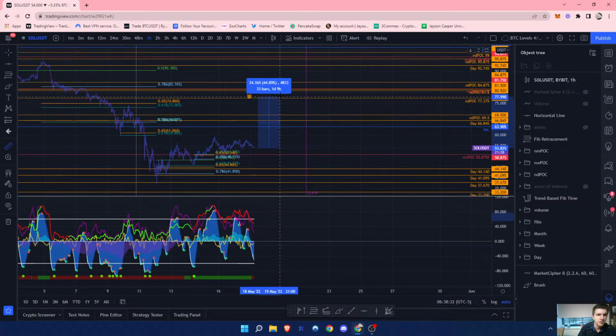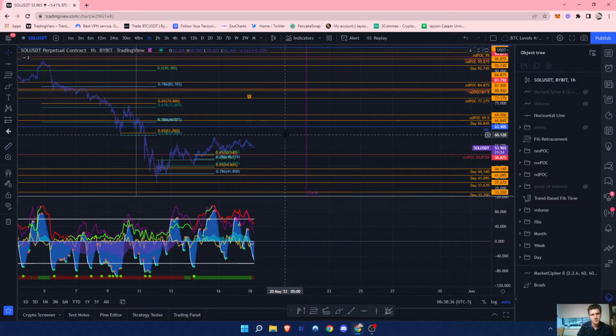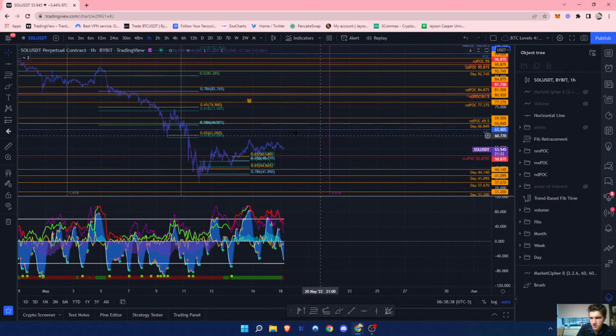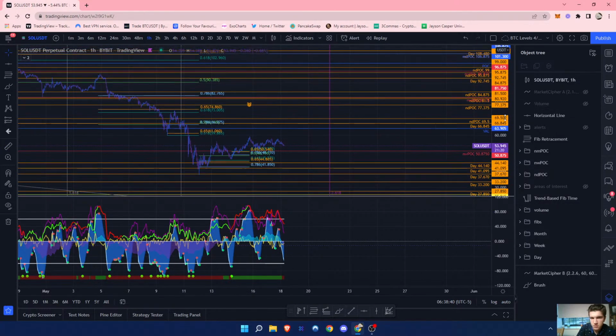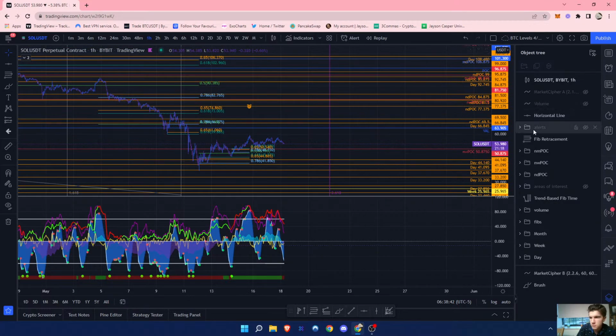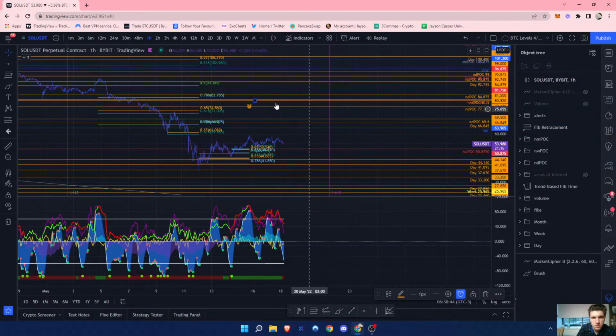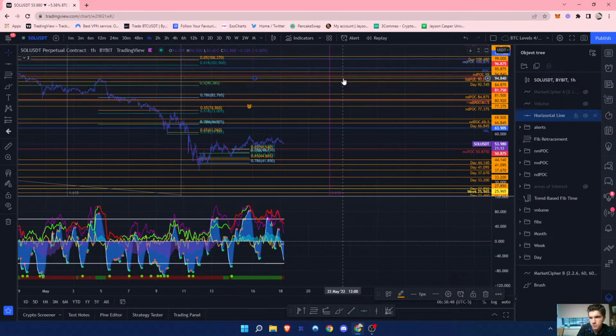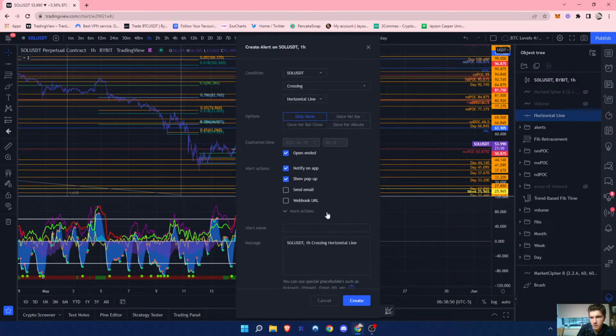Because realistically, for price to come up to that, it's another 50% move. So again, it'll be a while. Then really is way up here at $95 roughly, and this will be a short swing trade.